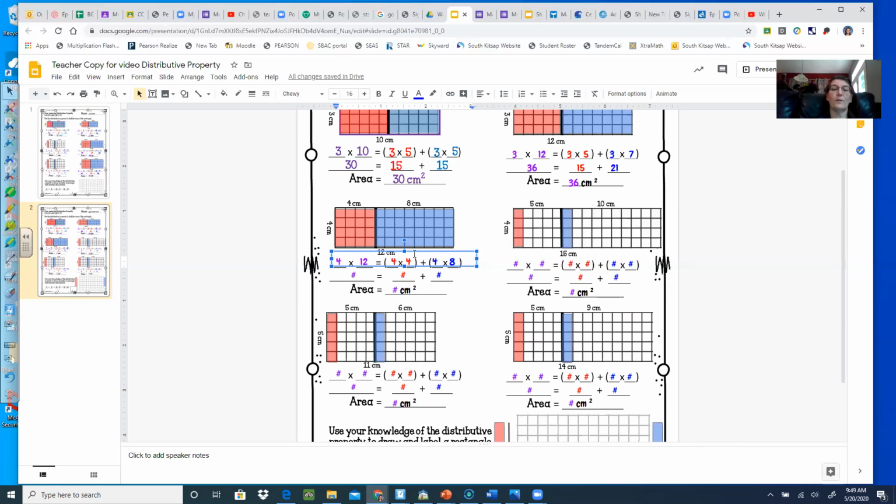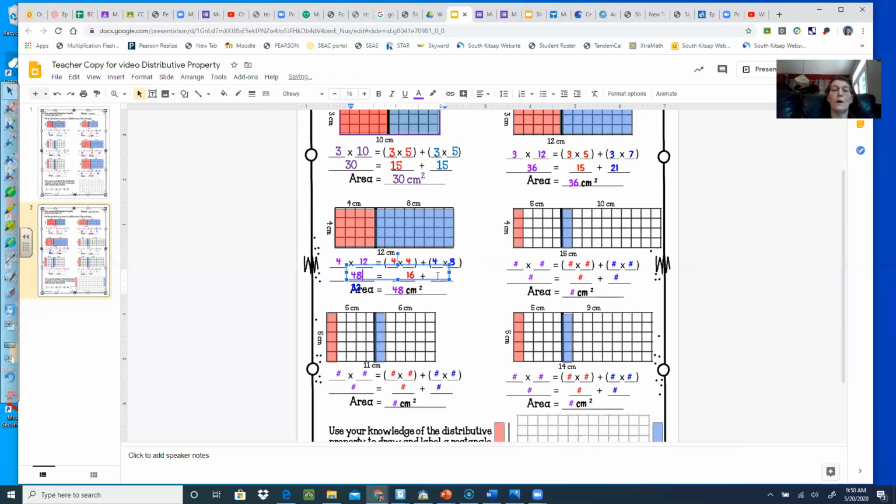Okay, now I'm going to find the product. 4 times 4 is 16. 4 times 8, 32. Now I need to add those together. Well, 6 and 2 is 8. 3 and 1 is 4. So that's 48. And I need to not forget this little guy over here.